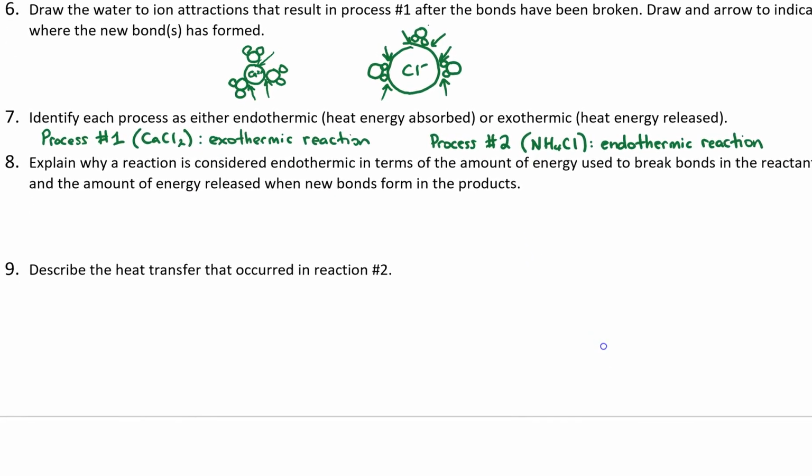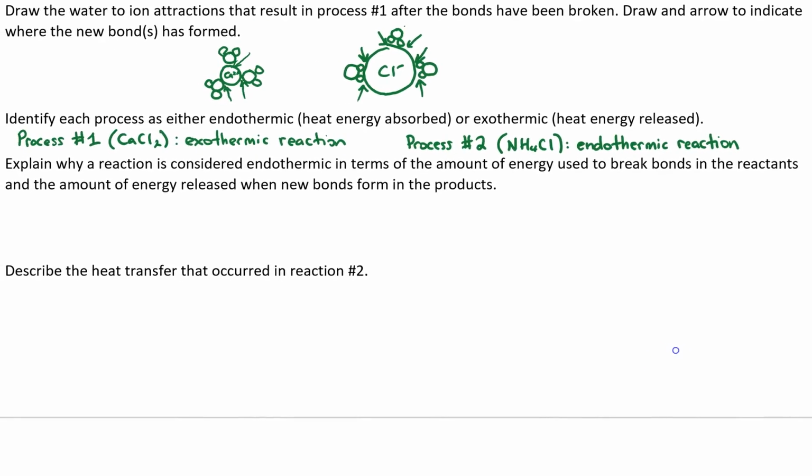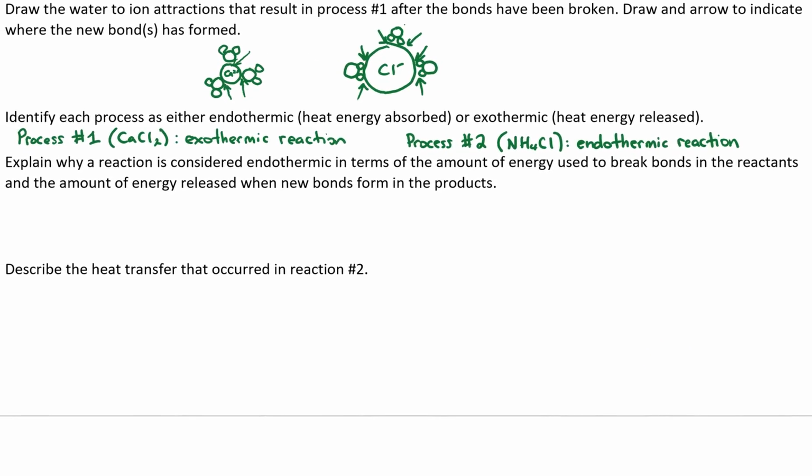Let's move on to number 8. Number 8 says, explain why a reaction is considered endothermic in terms of the amount of energy used to break bonds in the reactants and the amount of energy released when new bonds form in the products.